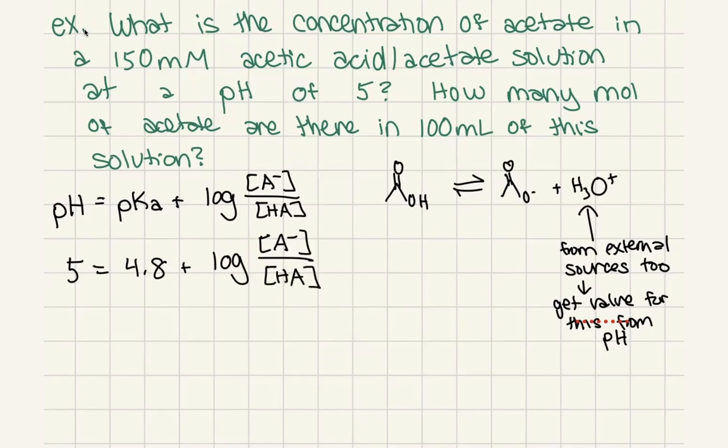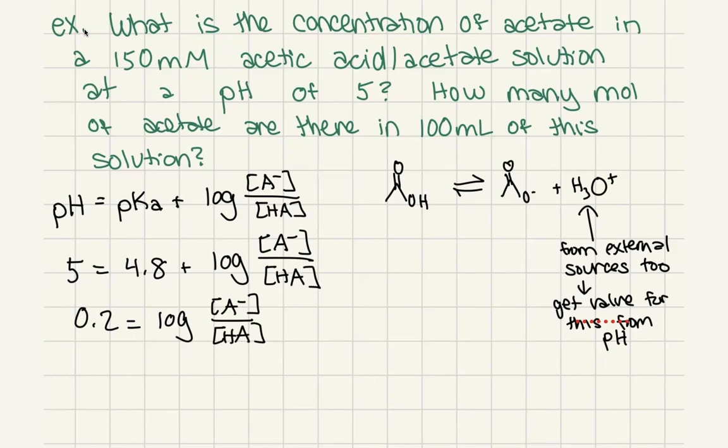Now we need to think about how we can write the conjugate acid and conjugate base concentrations in terms of some factor. We can solve this as it is, and it gives us the ratio of the conjugate base to the conjugate acid. So 0.2 is equal to the log of A minus over HA.